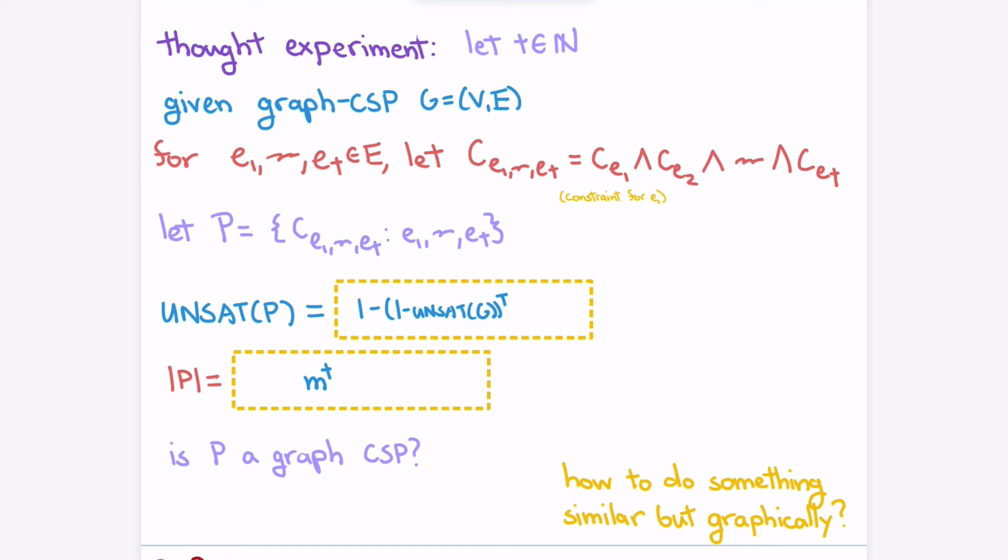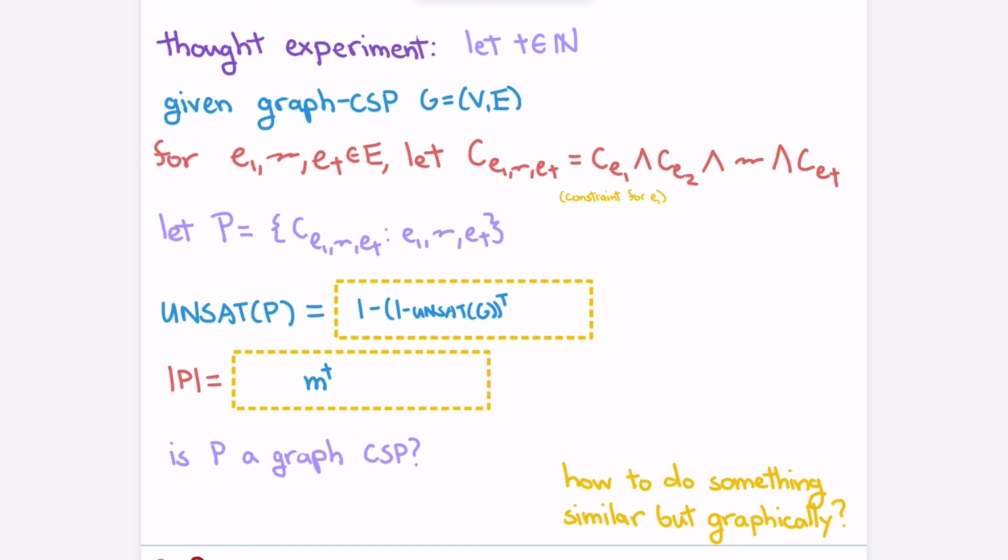So if you want to ramp this up, you say, let me sample 5 constraints randomly and check to see if all of them are satisfied. So it's only correct if all 5 of them are correct. Your unsat is going to go to 1 minus (1 minus unsat G) to the T, which is roughly T times unsat G when unsat G is small.